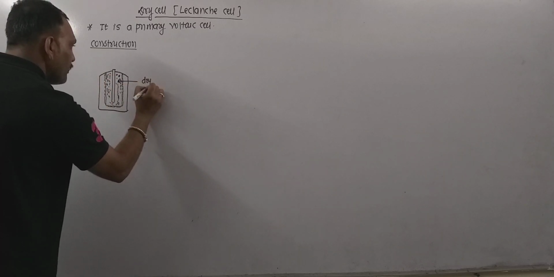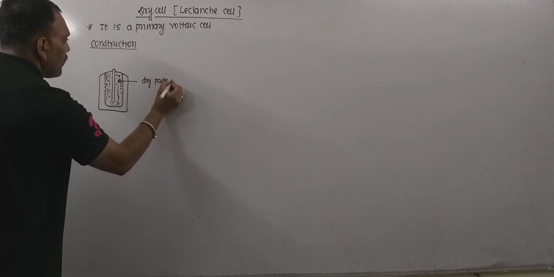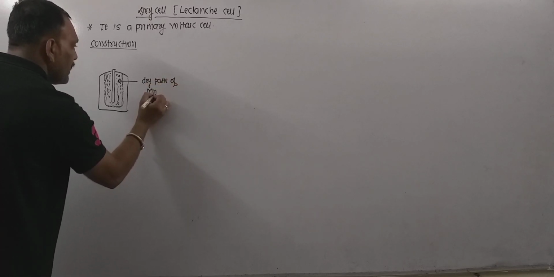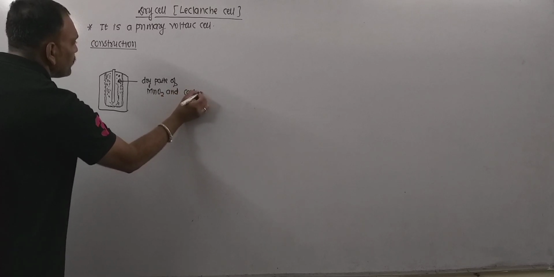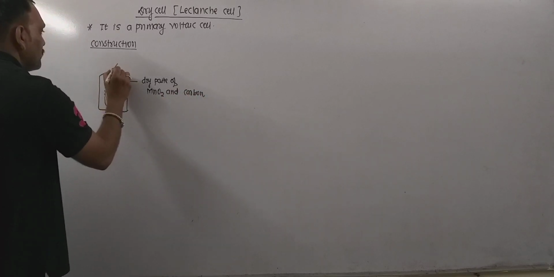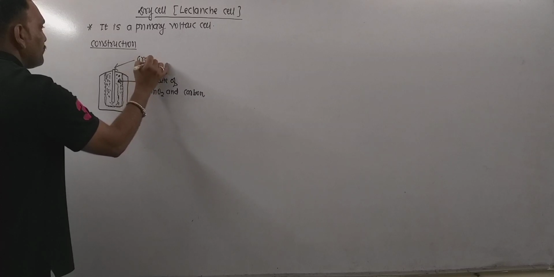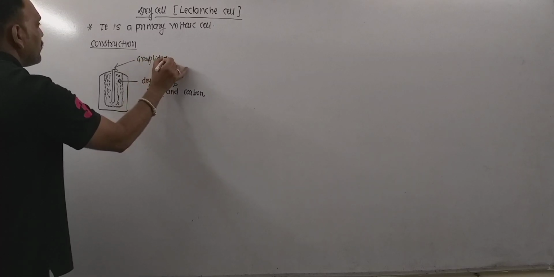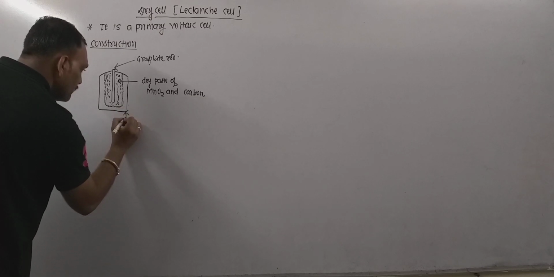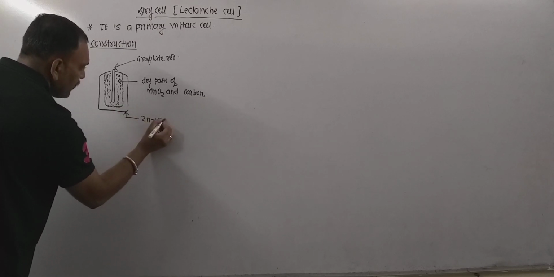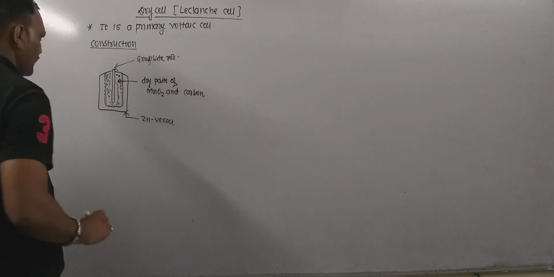So dry paste of MnO2 and carbon, and this is the graphite electrode, and this is the zinc vessel which itself acts as anode.